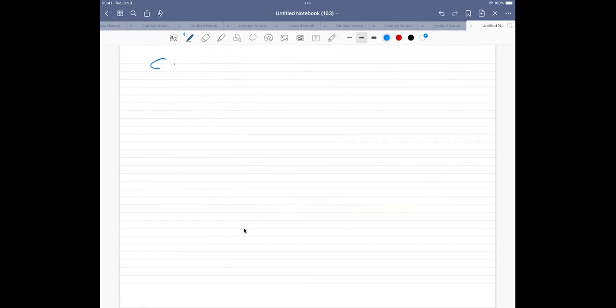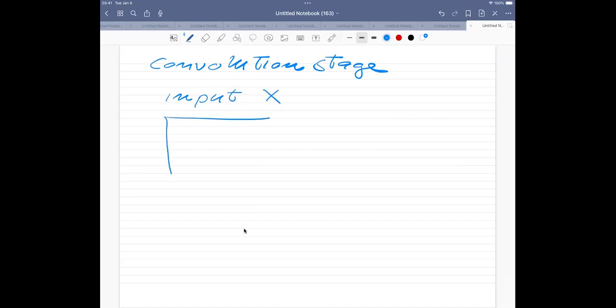So let's now look at examples here, so that we can see how different parameters pop up. So we are going now to focus on the convolution stage first. And let's take an input. So we have an input X. So this is something we would then represent as a matrix. Suppose it's an image with 3 pixels.